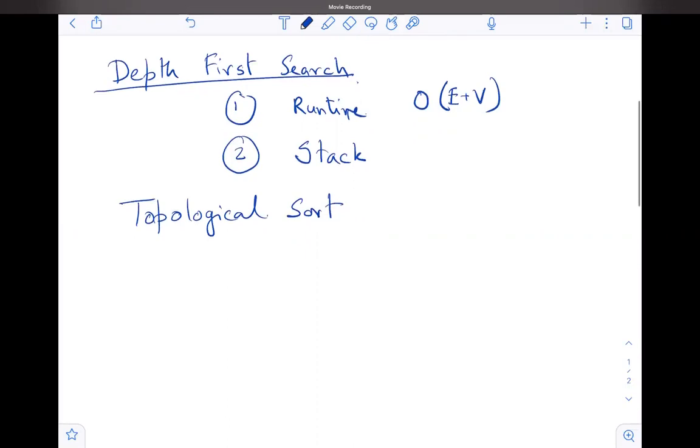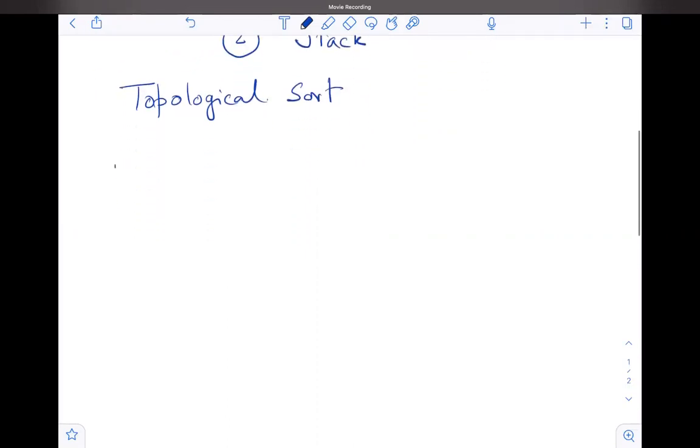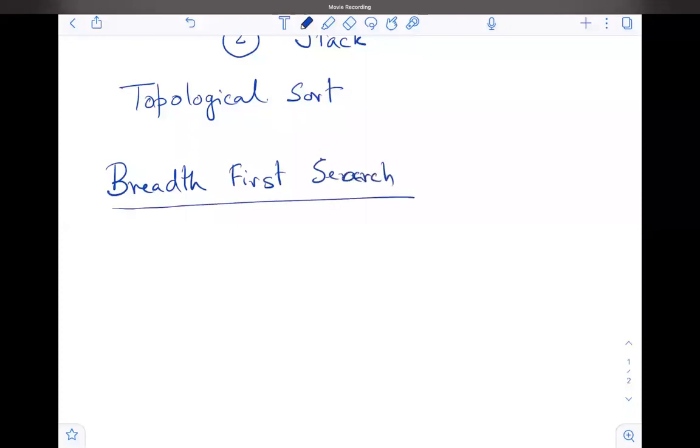Now, today we will be doing the next kind of search. This is called breadth first search, and the idea is that if you are at a particular vertex, you visit all of its neighbors.